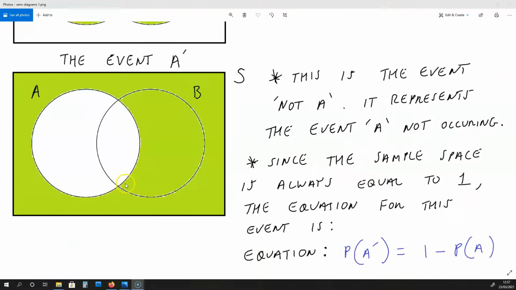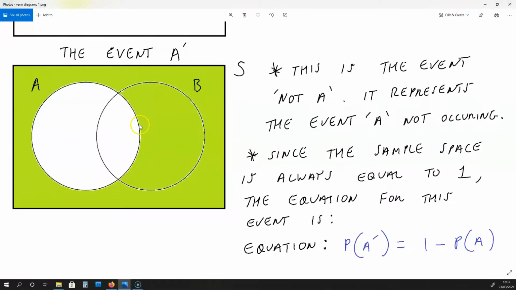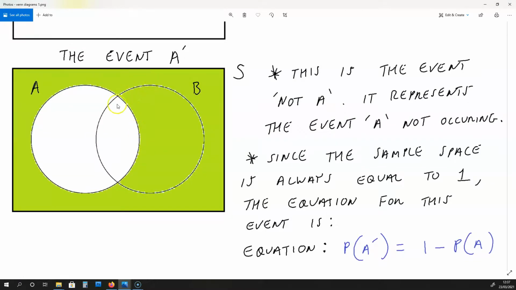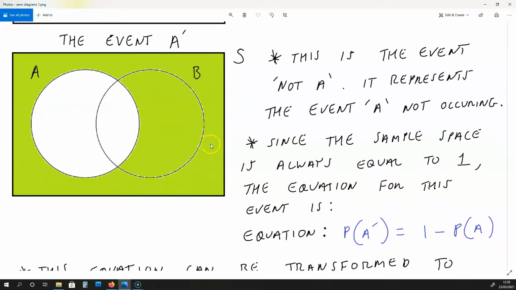Alright? Now for the final event in the introduction, that is the event not A. Okay? So this is the event A not taking place at all. And that includes A and B not happening simultaneously. Okay? So, I'll explain this more clearly.